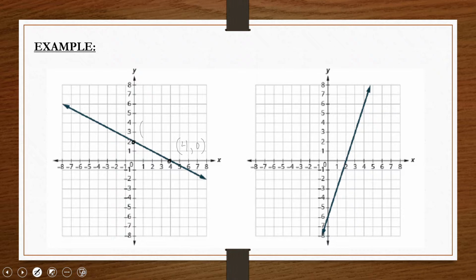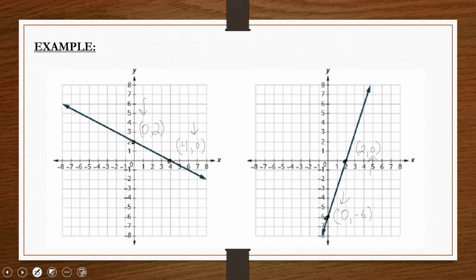The y-intercept occurs here at (0, 2). And as for the other example, I have my y-intercept here at (0, -6), and my x-intercept here at (2, 0).